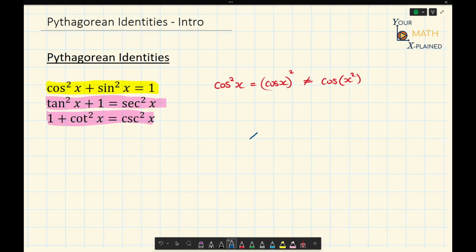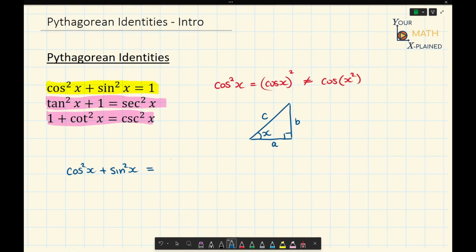What we're going to do is draw a right angle triangle. And we're going to call this angle here our angle x. Then we have our adjacent side, we'll call that A. Our opposite side, we'll call that B. And then our hypotenuse, which we will call C. So if we start with cos squared of x plus sine squared of x, this is going to be equal to, well, cosine of x is just adjacent over hypotenuse.